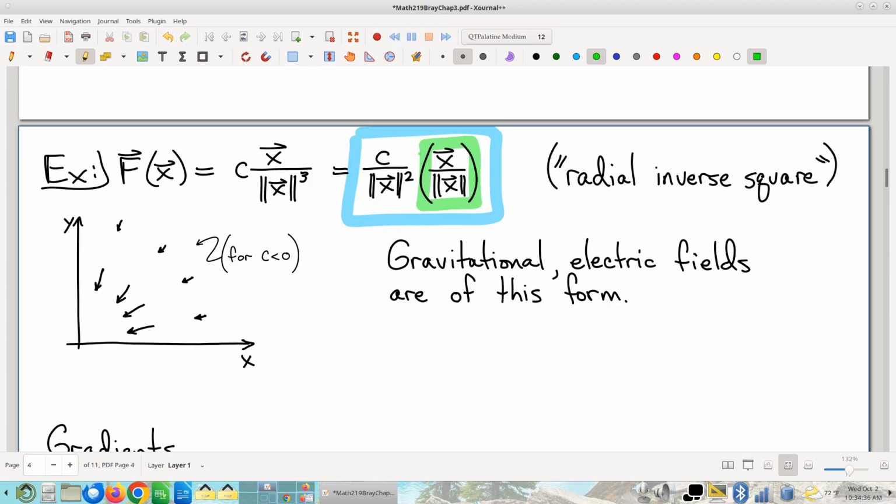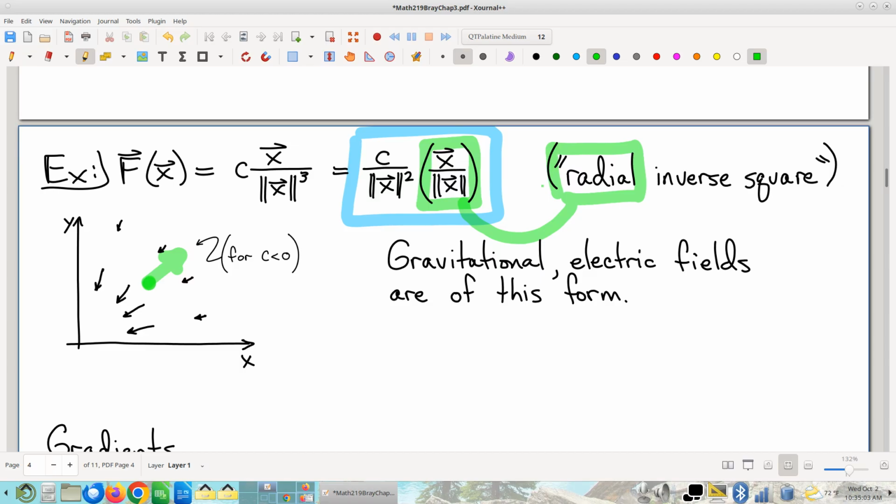Now you'll notice that is the position vector divided by its own magnitude, and that means that is a unit vector that points, wherever you might happen to be, radially outward. That's a unit vector pointing away from the origin, just like x does. Is that good?